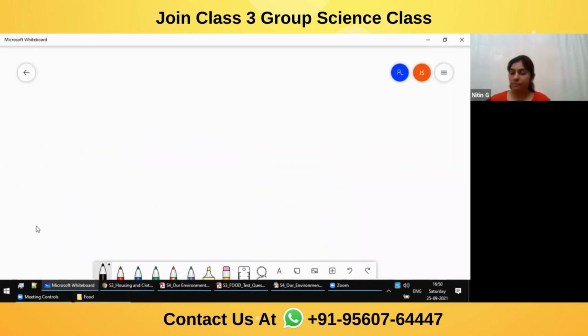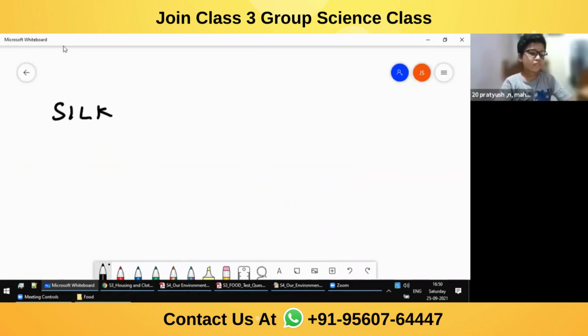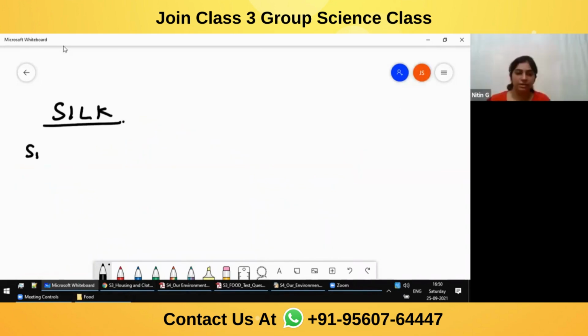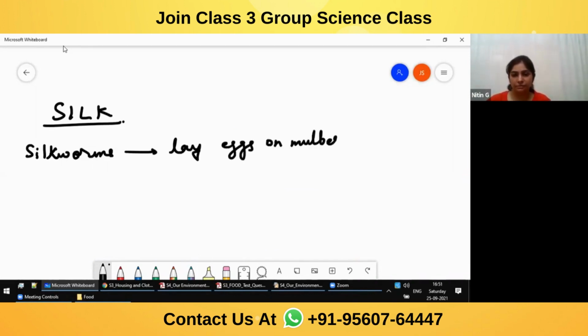Okay, now coming to the detail, if we are doing silk. What happens? The silkworms lay eggs on the mulberry leaves. Then from these eggs, what happens?